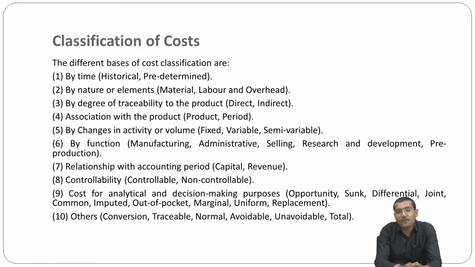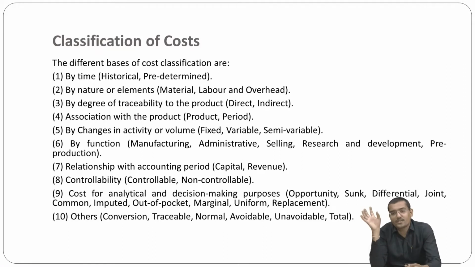Then the cost for analytics and decision making purpose: opportunity cost, sunk cost, differential cost, joint cost, common cost, imputed cost, out of pocket cost, marginal cost, uniform cost, replacement cost. So these are included in the cost for analytics and decision making purpose.